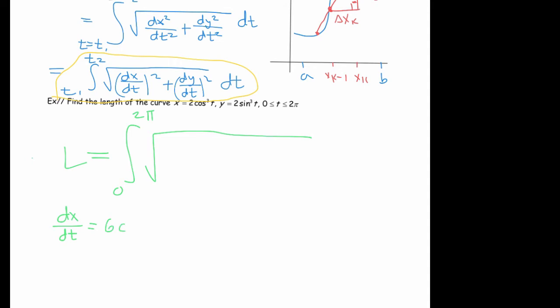That's going to be 6 cosine squared times the derivative of cosine, which is negative sine. So we can write that as negative 6 sine t cosine squared t, and dy/dt would be 6 sine squared of t times cosine t.